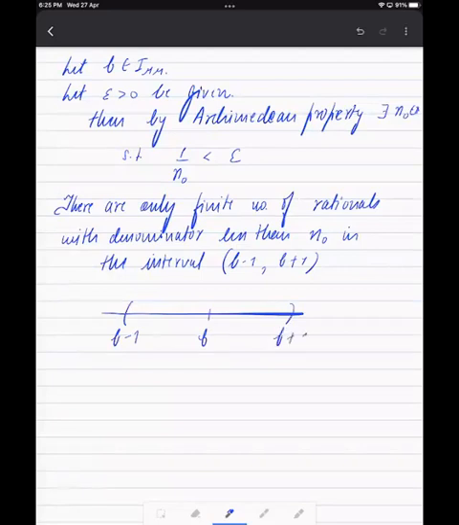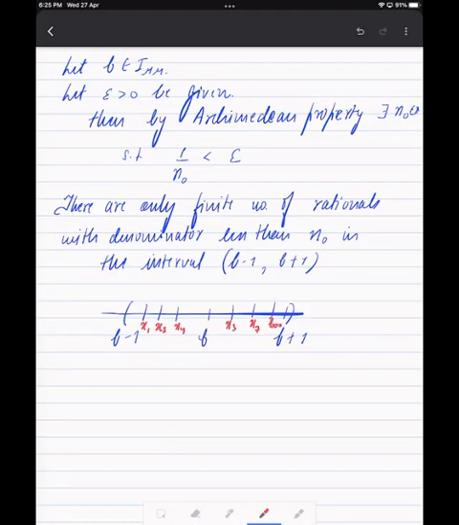What I'm saying is that there are finitely many numbers whose denominator is less than n naught, which means I can actually plot them and find a neighborhood in which no rational number with denominator less than n naught would be there, because they are finite. This is the first rational number, this is the second one, this is the fourth one, the third one, the seventh one, the 100th one.